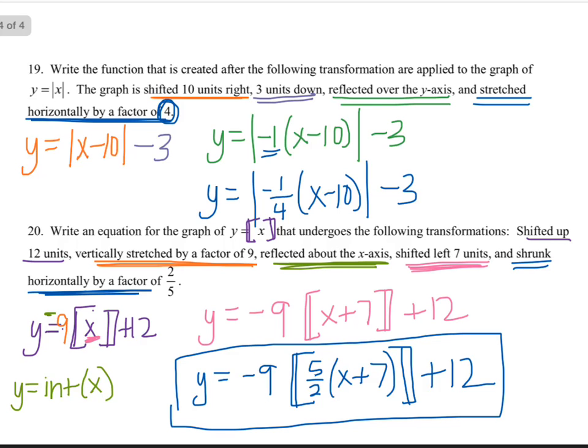For those of you that have the 84 or 83 calculators, when you're in the y equals menu, you would hit the math button, go over to the num menu, and scroll down until you see int, and it should have a parenthesis after it. You'll just hit enter on that, and that will take the place of your bars, and when you graph it, it looks like a little step function.